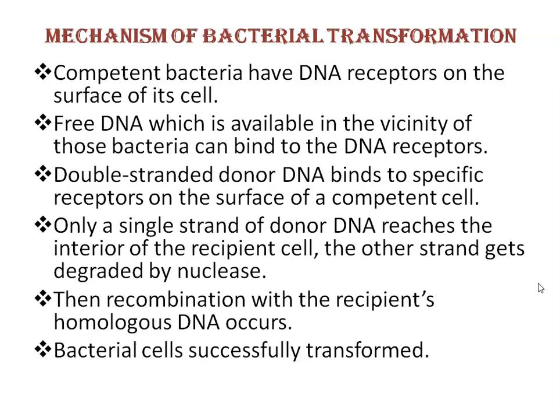Double-stranded donor DNA binds to specific receptors on the surface of a competent cell, but only a single strand of donor DNA reaches the interior of the recipient cell. The other strand gets degraded by nucleases, right? Then recombination with the recipient homologous DNA occurs and the bacterial cell is successfully transformed.